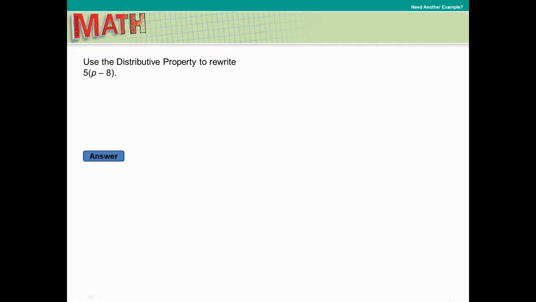Okay, we're back. Hopefully you got 5p minus 40. 5p, bring the minus sign down. 5 times 8 would be 40. Now here's where it's going to get a little different because you got a negative outside.